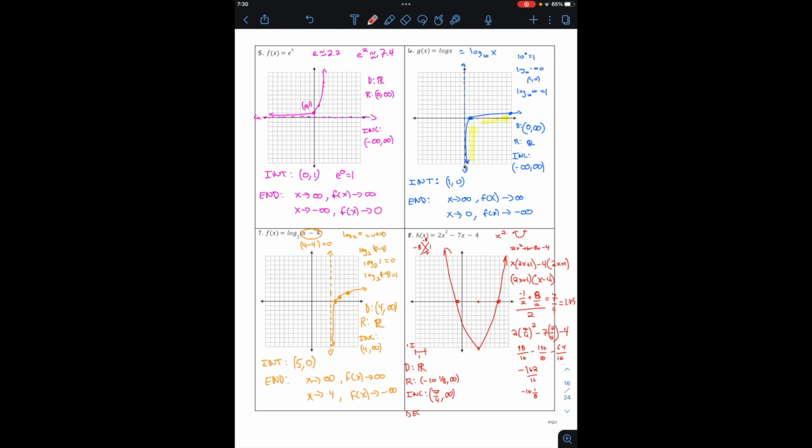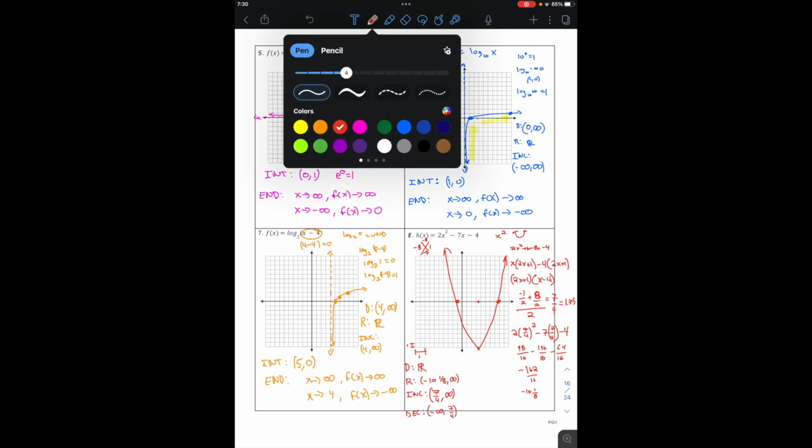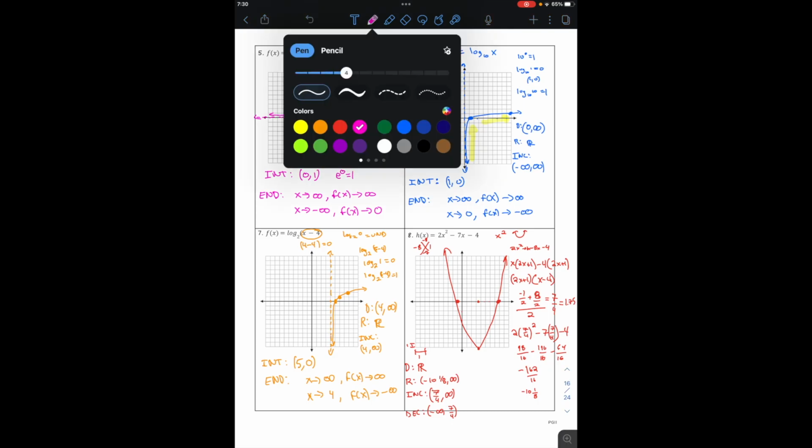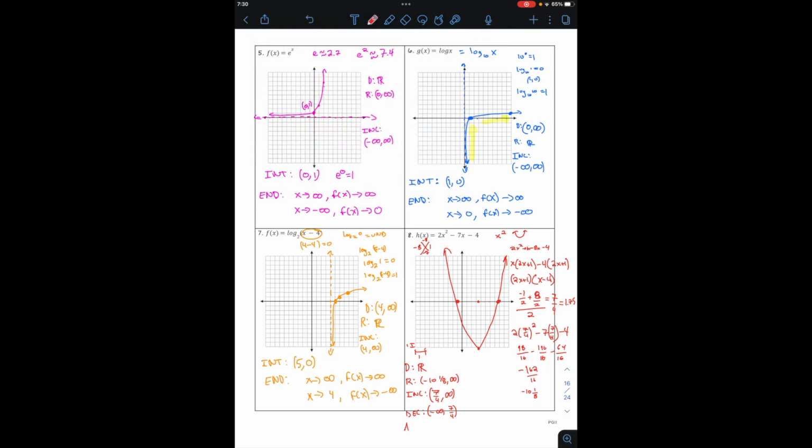We are going to be decreasing from negative infinity to 7/4, right? Because we're decreasing all this way, decreasing, increasing. That absolute minimum is 7/4, comma, negative 10 and 1/8.